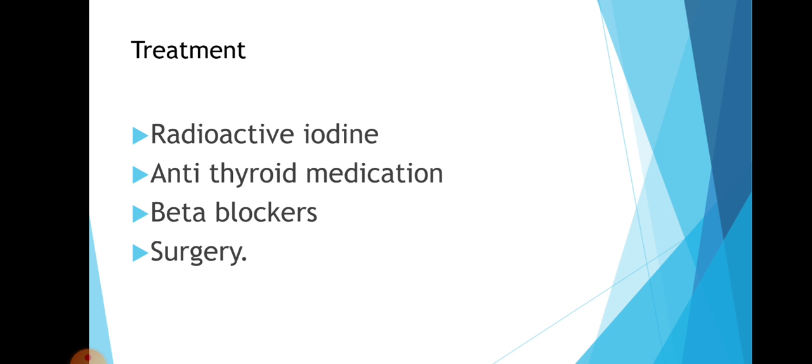Another is anti-thyroid medication. There are certain drugs that lead to decreased production of T3 and T4, and the drug which is known as tepazole. Beta blockers such as propranolol are used.